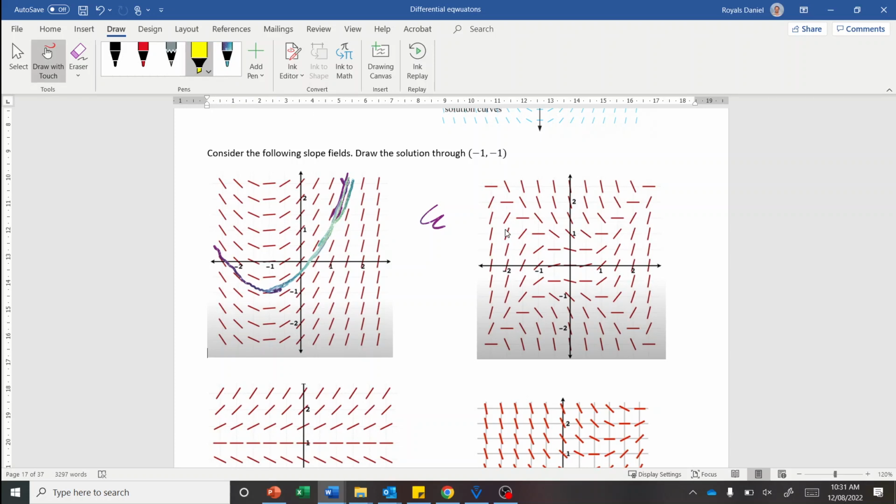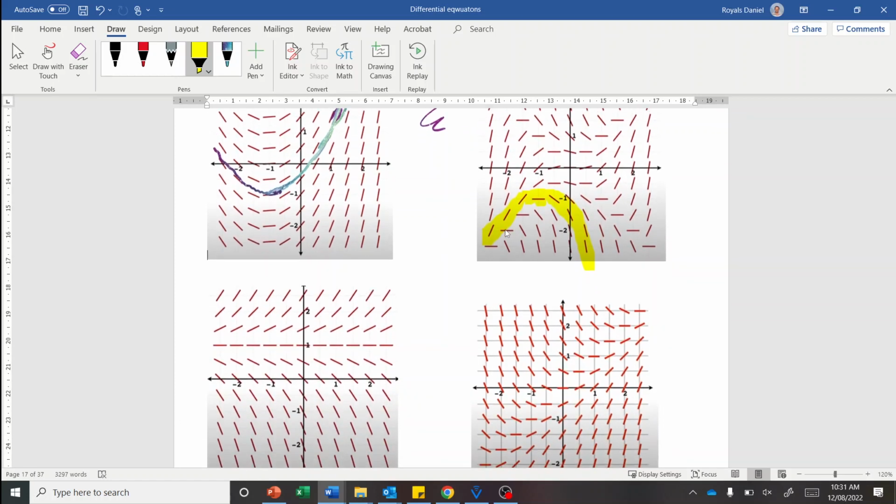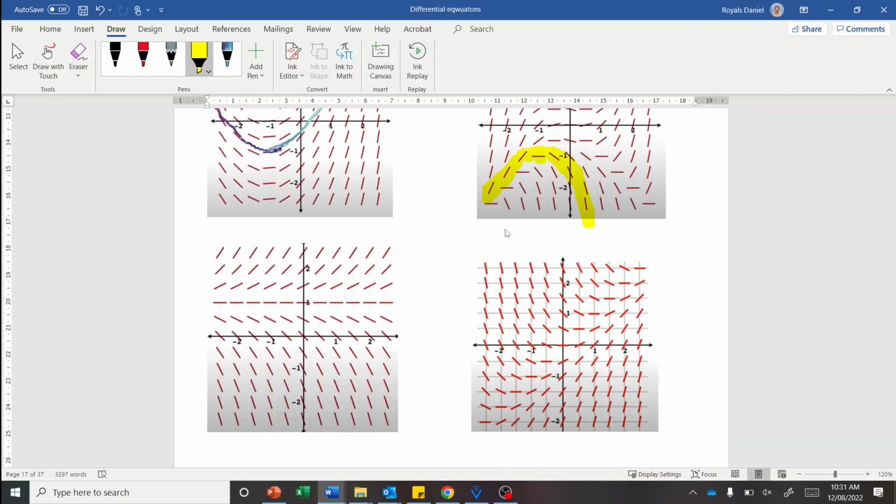All right, if we look at this one, minus 1, 1. Okay, that seems to be this point here. So it's horizontal there, and then it's passing down this way, and horizontal, and then here it starts passing down this way. All right, so that's our solution there. Okay. Here, passing through minus 1, so that's going to be this point. And so we're just following the curve.